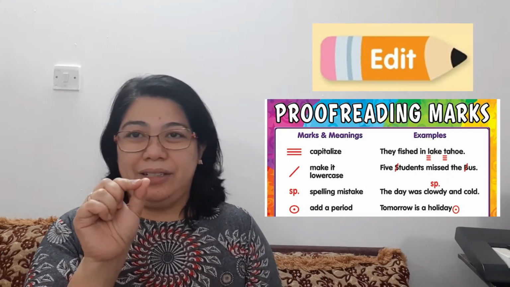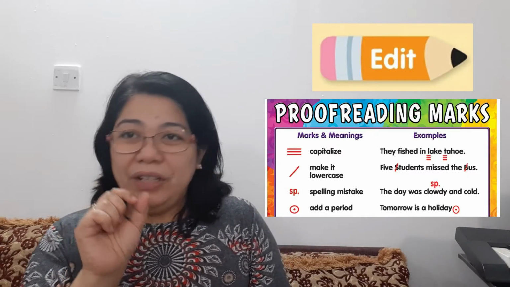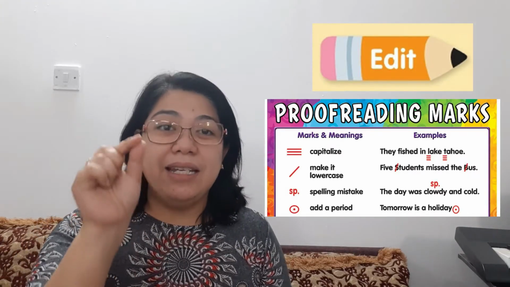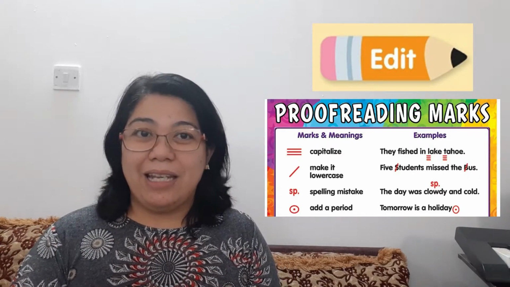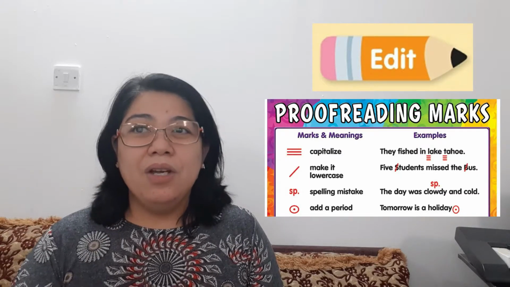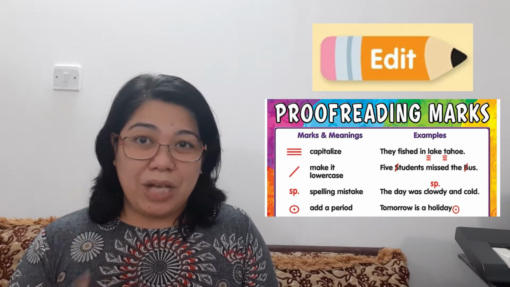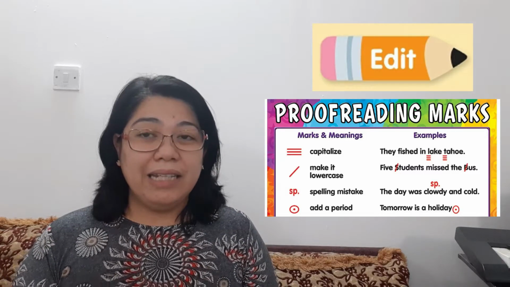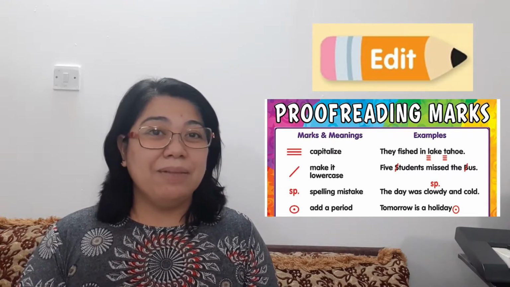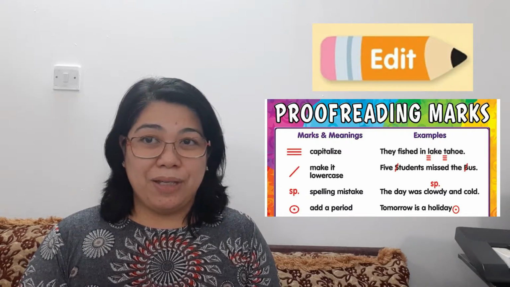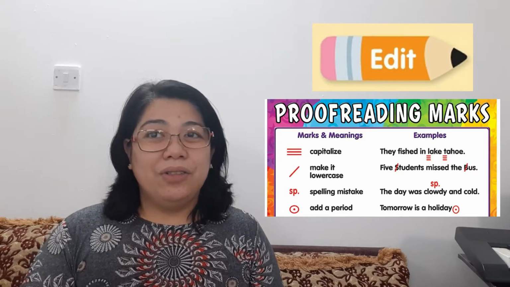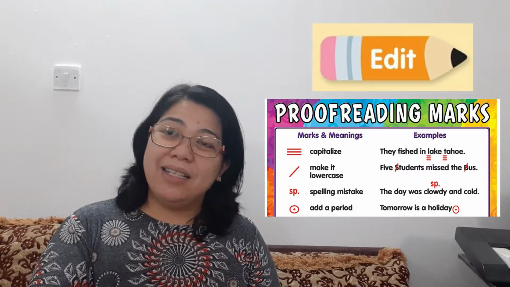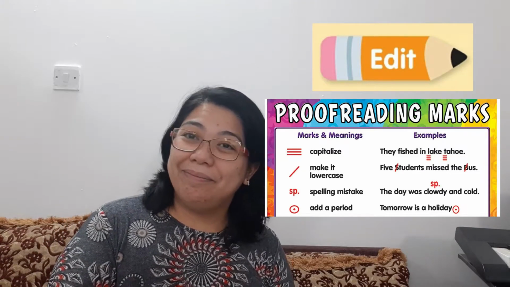It's easier, so you will use these proofreading marks and write them directly on the writing if you're using a pen and paper. You should also use an editing checklist to help make this task a lot easier and help you not miss any errors. So here are basic editing checklists to get yourself started.